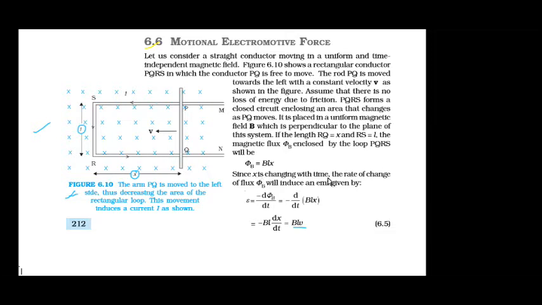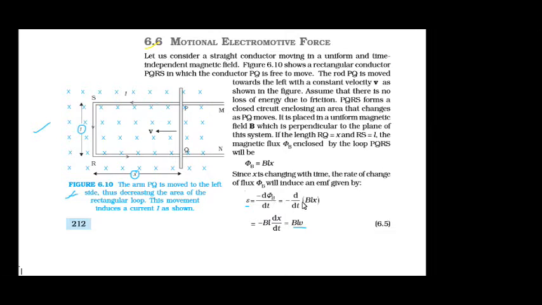Since x is changing with time, the rate of change of flux phi B will induce an EMF given by: since PQ is moving to this side, x is changing with time, so the EMF will be E = -d phi B/dt.